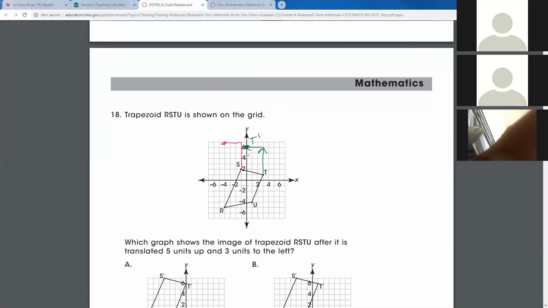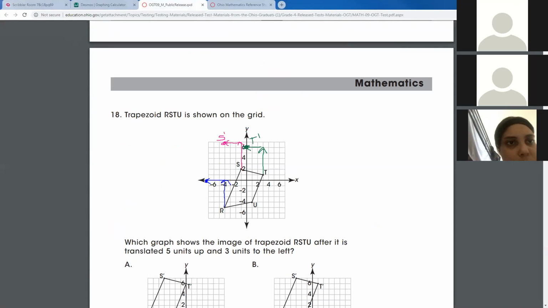And if you want to actually draw the line, you can. You don't have to. I draw it in so you guys can see what I'm thinking as I'm counting. I went up 5 spaces, left 3. That's your new S. Then you'd have to go down to R and go up 1, 2, 3, 4, 5 spaces, left 3.